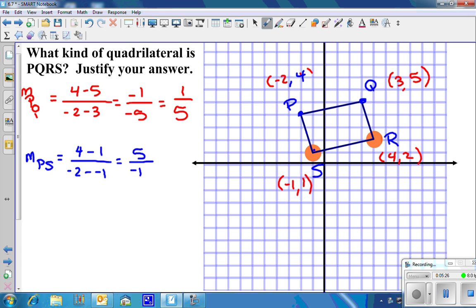Are these two different signs? Yes or no? One's positive, one's negative. Okay, it's different. Are they the fractions flipped? Are they the reciprocals of each other? 1/5 and 5 over 1? Yeah. So yes. So they're opposite reciprocals.